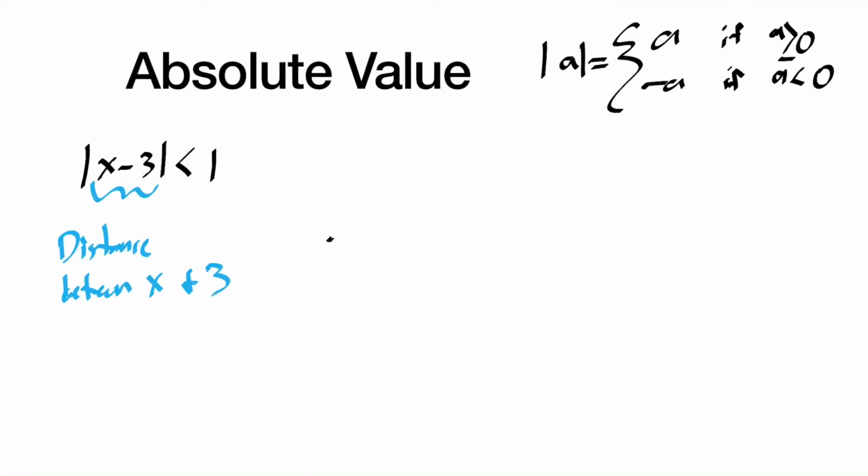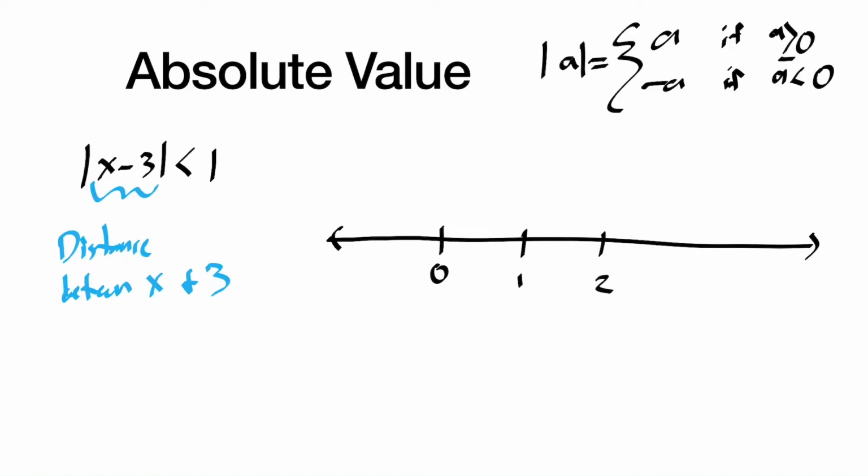So if I come back to my number line picture from a second ago, and we've got 0, 1, 2, 3, 4, it's like x minus 3 is the distance. If x is somewhere right here, then this distance right here is the distance x minus 3. If I take that magnitude and subtract x and 3 from each other, that absolute value of x minus 3 is that distance.